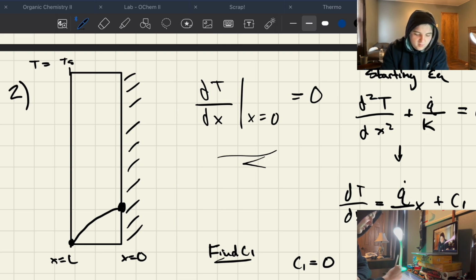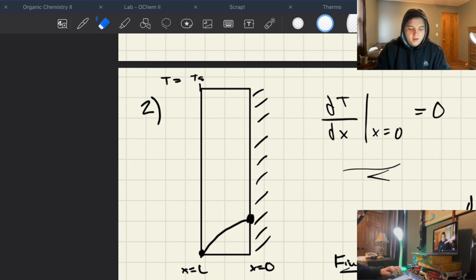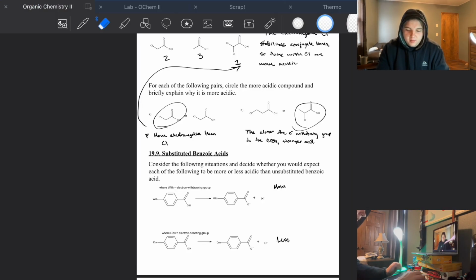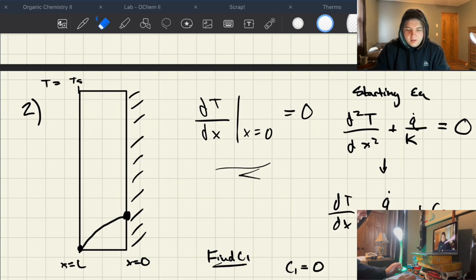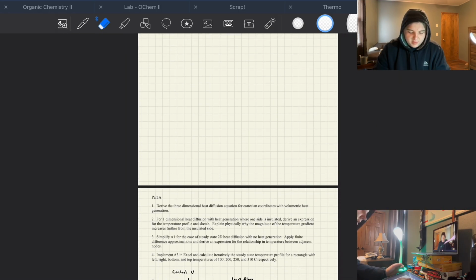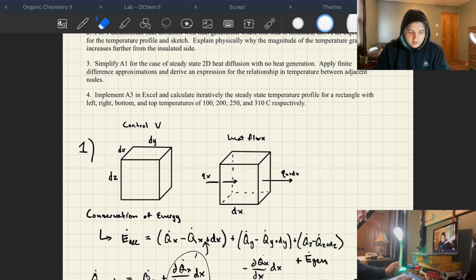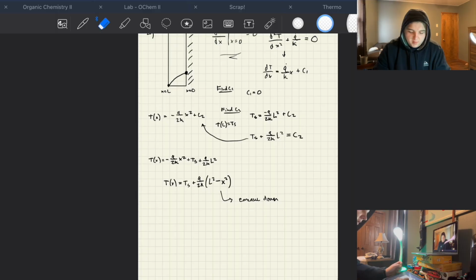The reason why this isn't linear is because heat just keeps building and building and building, which just keeps pushing these further down and further down, and then it creates this slight concavity. So that kind of explains our heat and how we use the one-dimensional heat equation to sketch a profile. Okay, on to number 3.